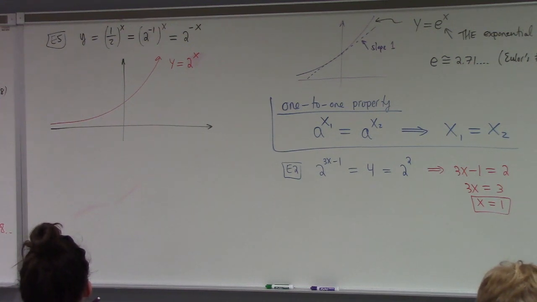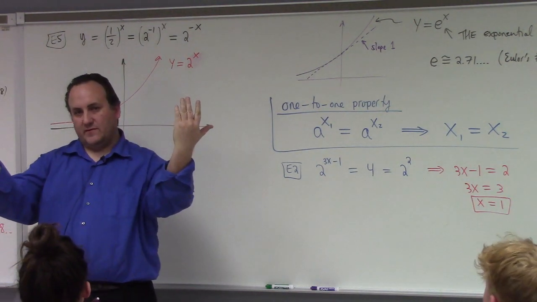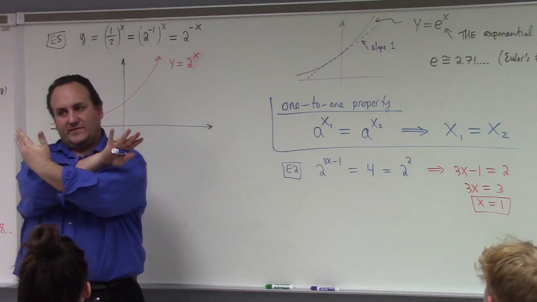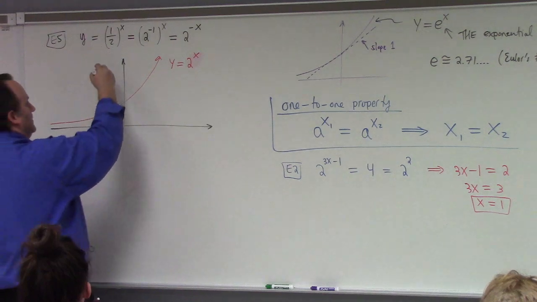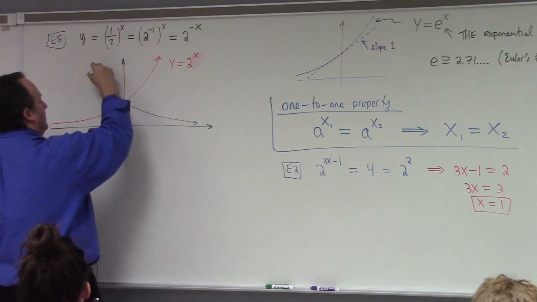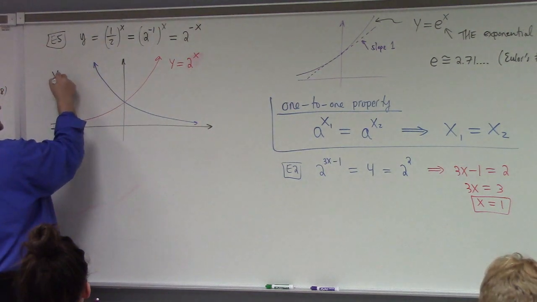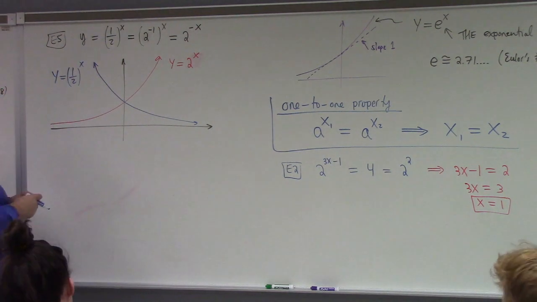What's the situation there? We reflect over the y-axis, right? If we replace x with minus x, we just reflect, a mirror image like this. So there you go. That's what y equals 1/2 to the x looks like, just like that.